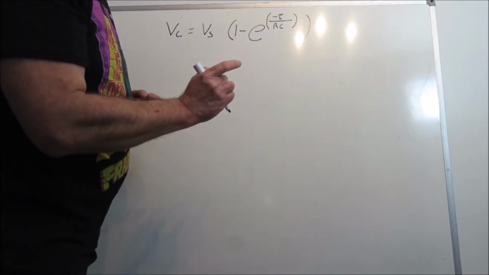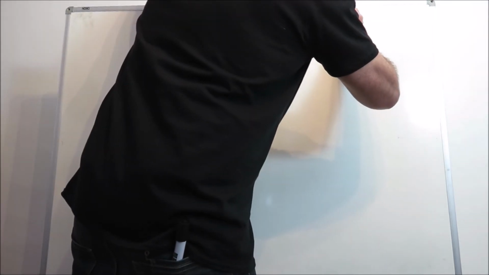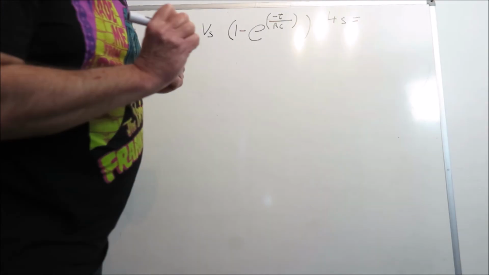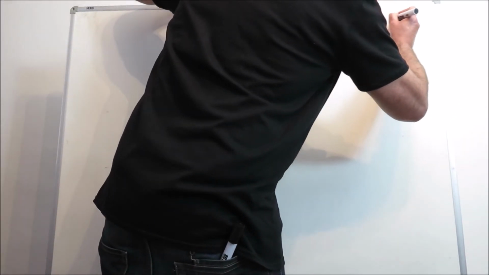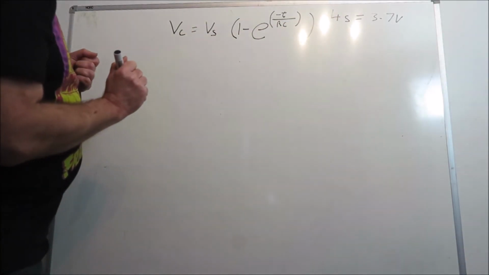So we're going to use our 4 seconds to see how that went, because we said after 4 seconds our voltage on there is 3.7 volts. And we're going to use this to try and predict that.